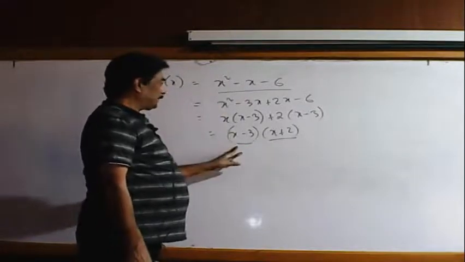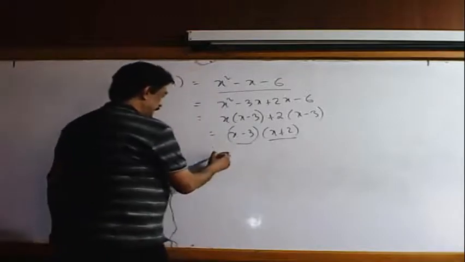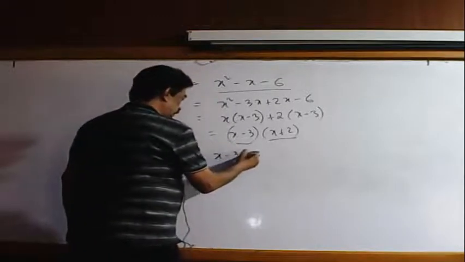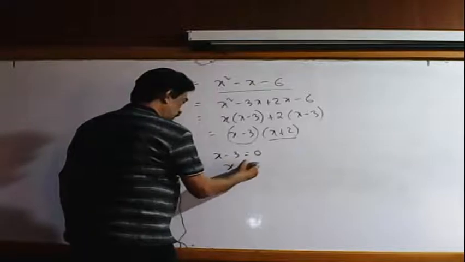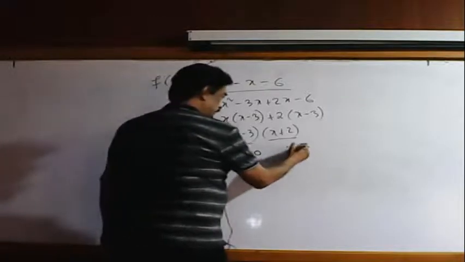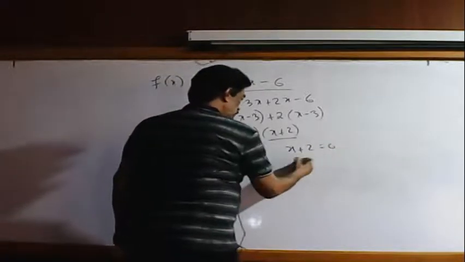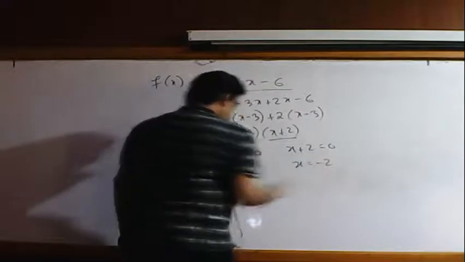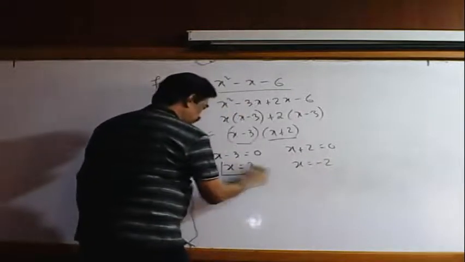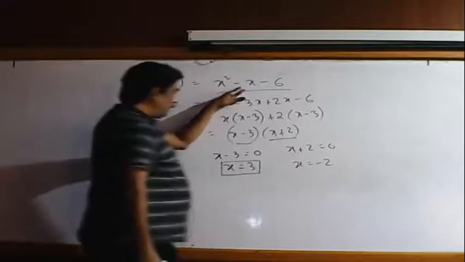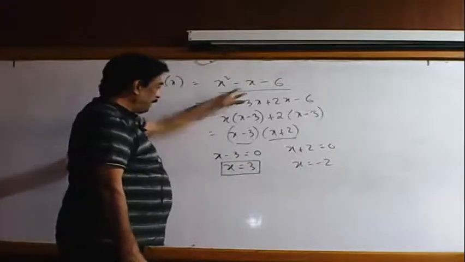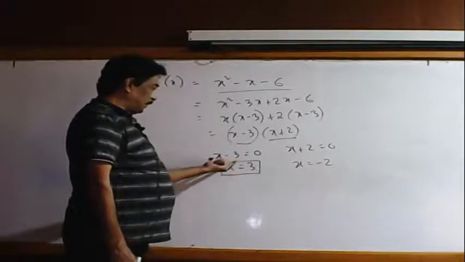If x minus 3 is a factor, then x minus 3 equal to 0, so put x equal to 3. Say x plus 2 equal to 0, so put x equal to minus 2. If I put x equal to 3 and the expression value is equal to 0, it is proved that x minus 3 is one of the factors.